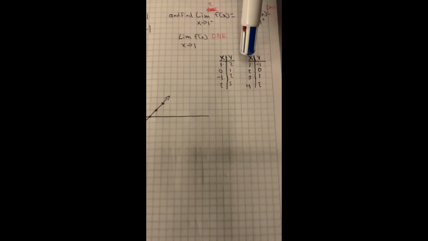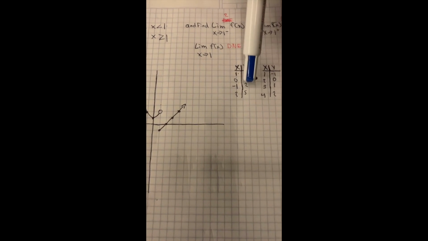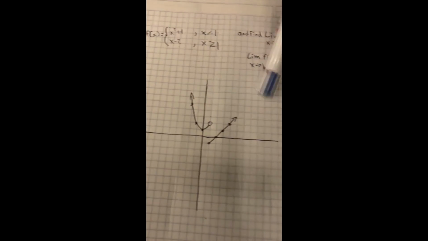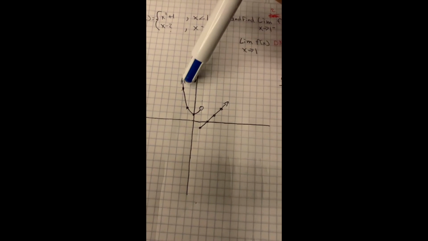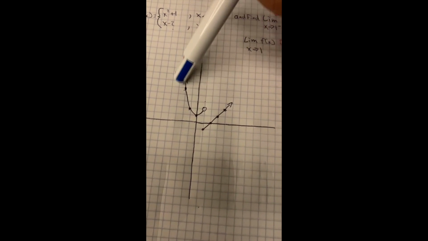In the first chart, we need to find numbers that are less than 1, just like here. Plug these numbers into the function, and the answers they give us, we need to plug into the chart, just like this. This is our first chart.